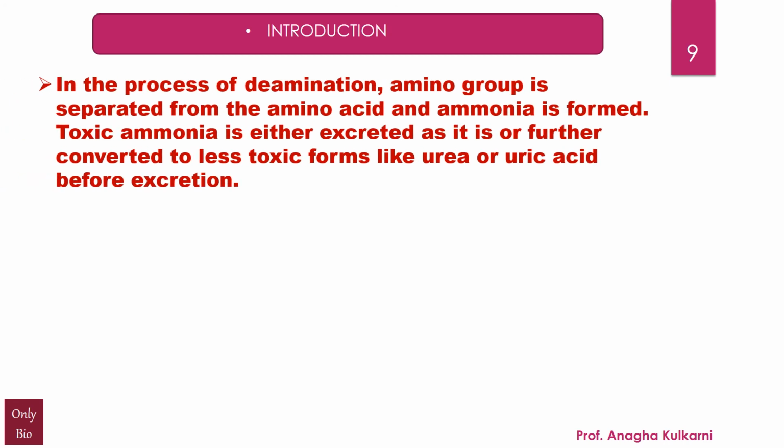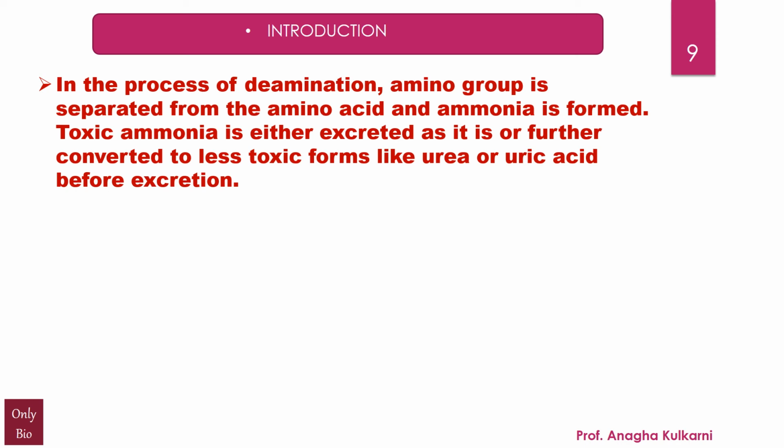In the process of deamination, the amino group is separated from the amino acid and ammonia is formed. Toxic ammonia is either excreted as it is or further converted to less toxic forms like urea or uric acid before excretion.